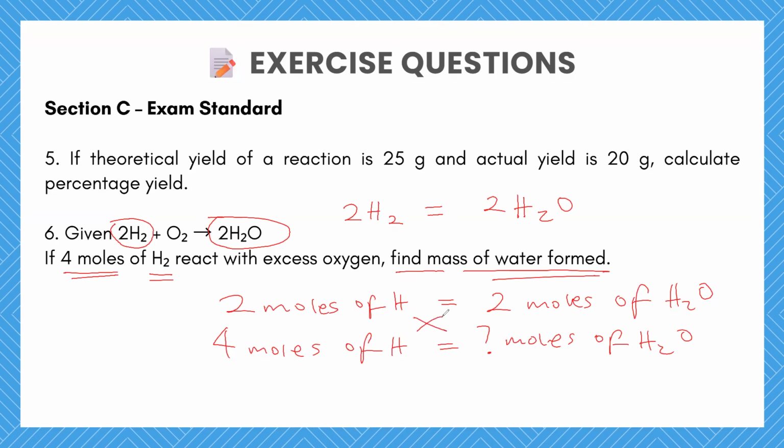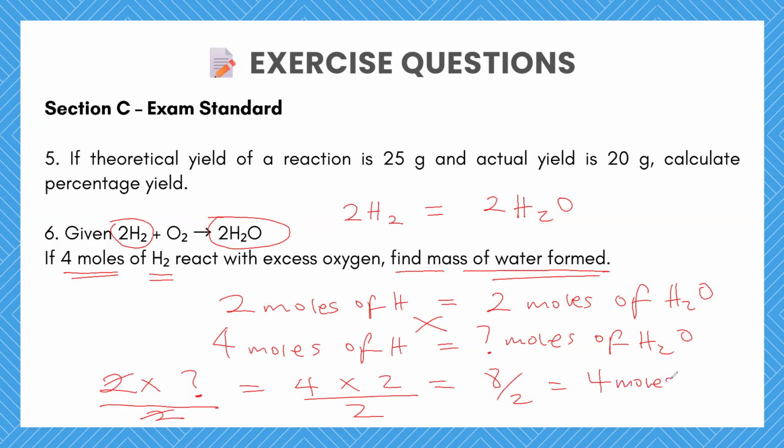So we cross multiply. When we cross multiply, we have 2 multiplied by the unknown number of moles for water is equal to 4 multiplied by 2. So we just divide both sides by the coefficient of this question mark in order to obtain its value, which in this case is 2. 2 cancels 2 here, and we have this divided by 2. This becomes 8 divided by 2, which is equal to 4 moles of H2O.